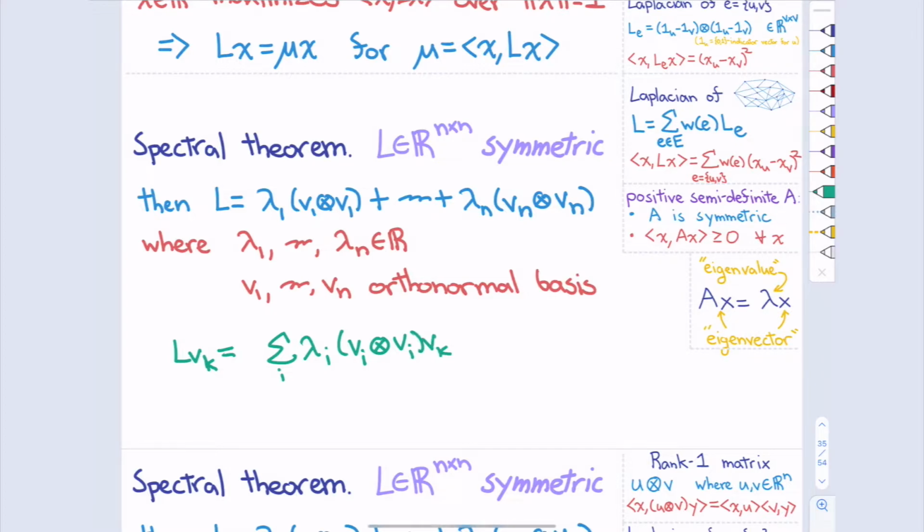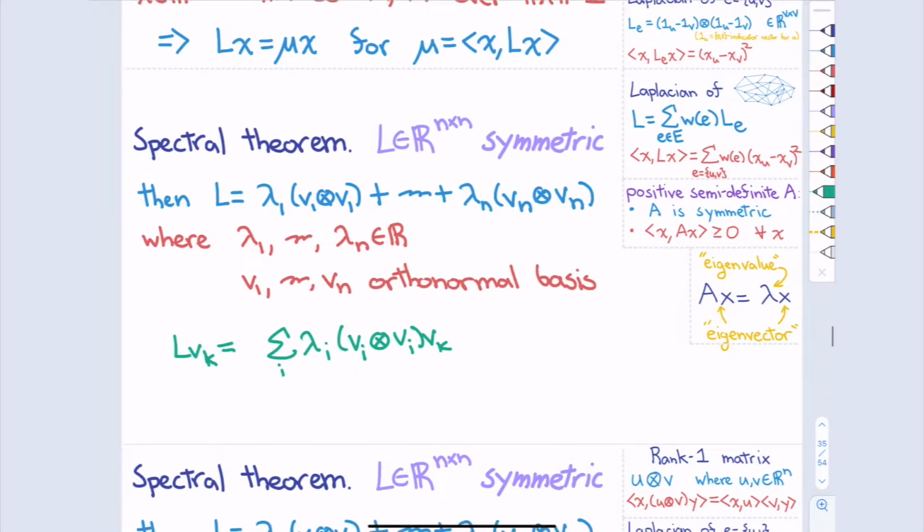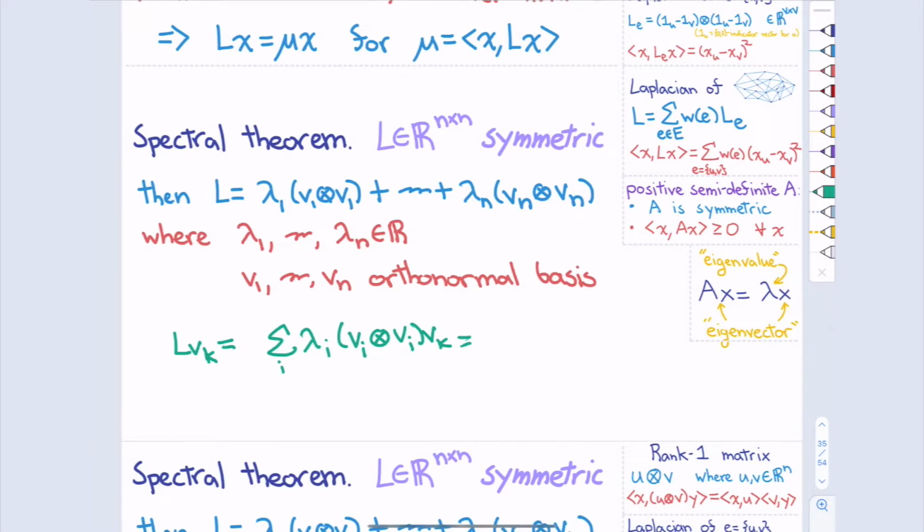and we break it down like that, what happens is that only the rank 1 terms with k survive, because that's what the rank 1 term does.